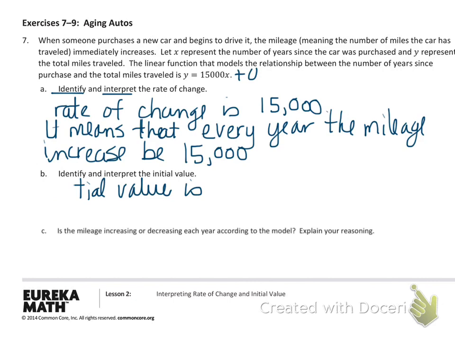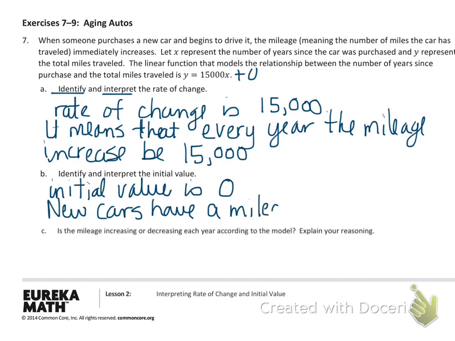Here we go. The initial value is 0. And the interpretation of that would be new cars have a mileage of 0, which isn't always exactly true, but it's very small. Have a mileage of 0.